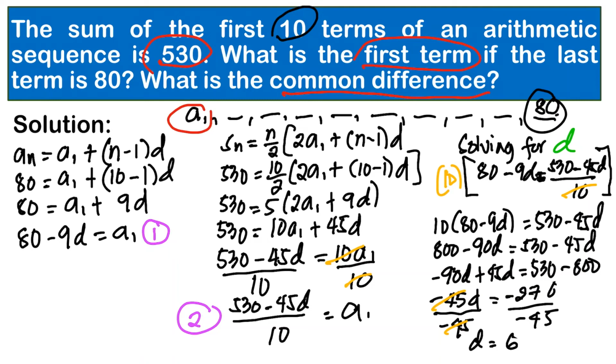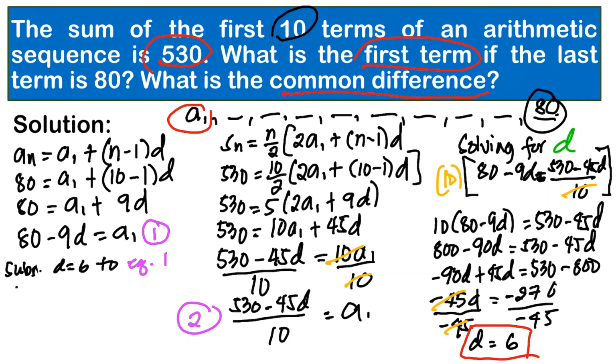Now that we have the common difference, we are ready to solve for the first term. We can substitute d into any of the equations, so let's substitute d equals 6 into equation 1.